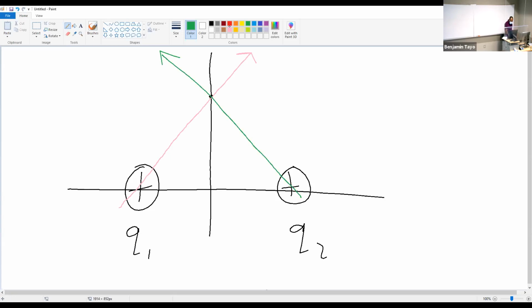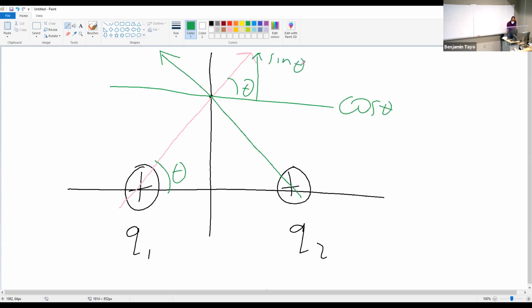Because this angle here is equal to theta, this angle is also equal to theta. So when I calculate E1, I can break it into X and Y: the X component is cosine of theta, and the Y component is sine of theta. When I calculate the electric field for E2, the X component is negative cosine because it's pointing to the left, and the Y component is sine. So this is why there is a negative on the cosine.